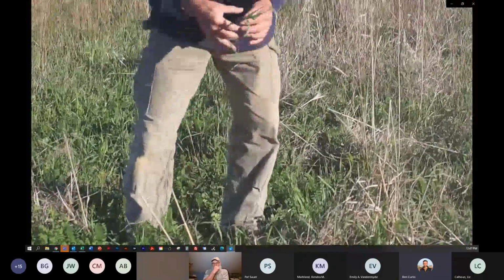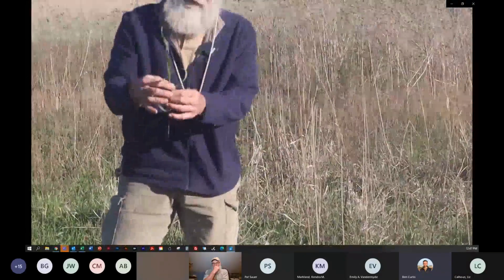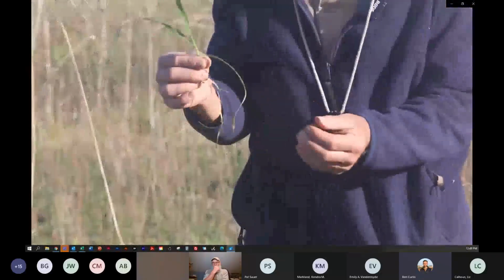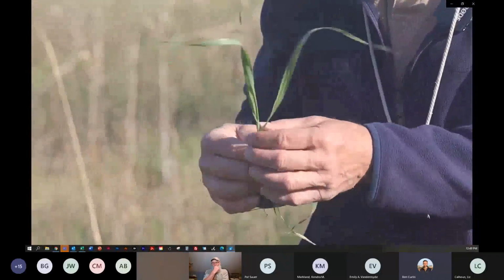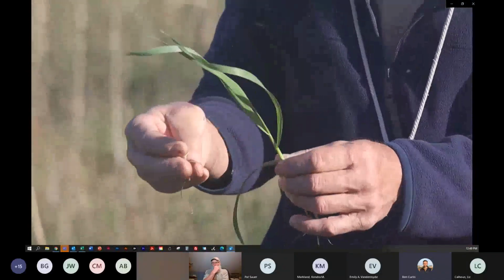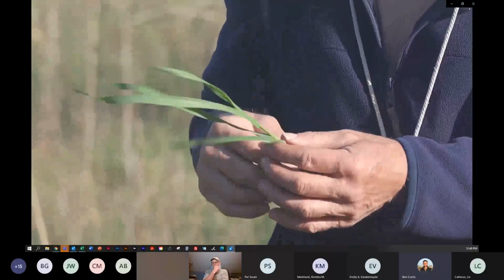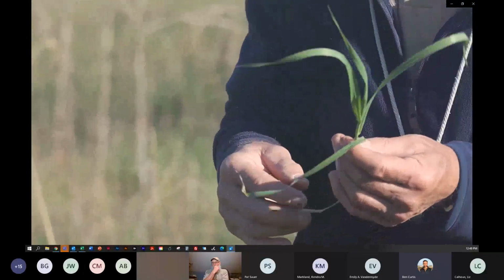Reed canary grass is a species that we often refer to as a cryptic species. That simply means that it's hard to determine what its actual status should be in terms of native or non-native.